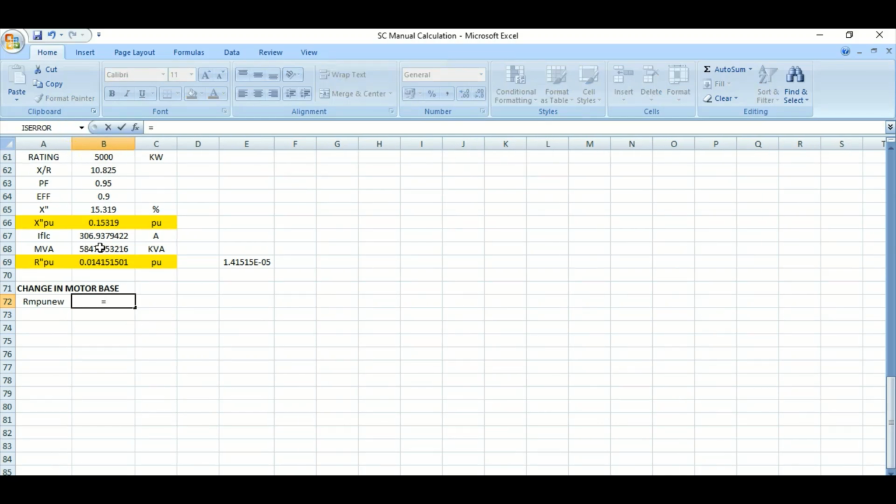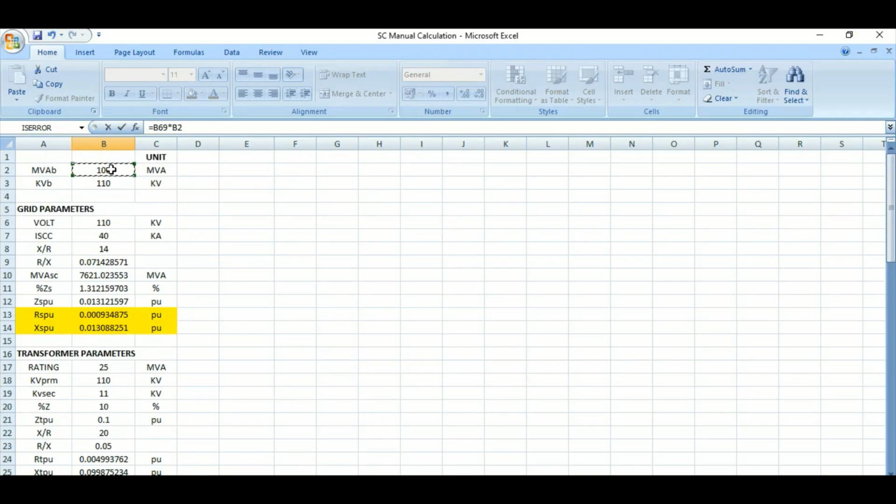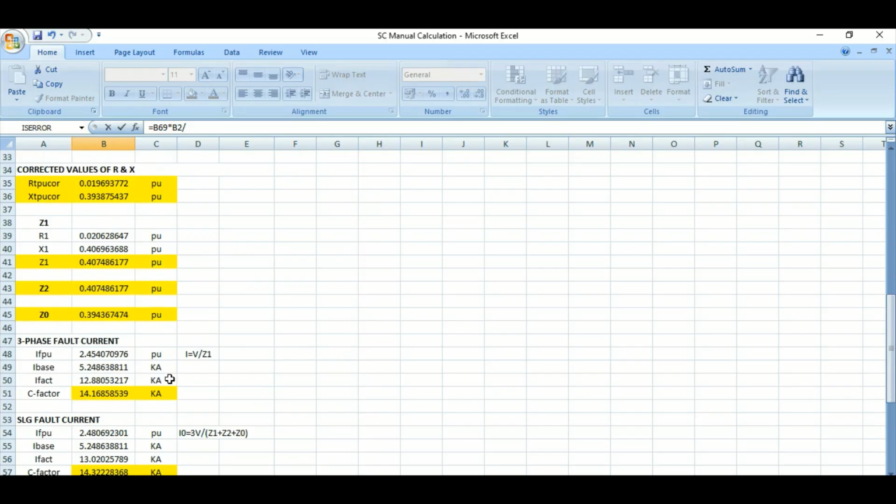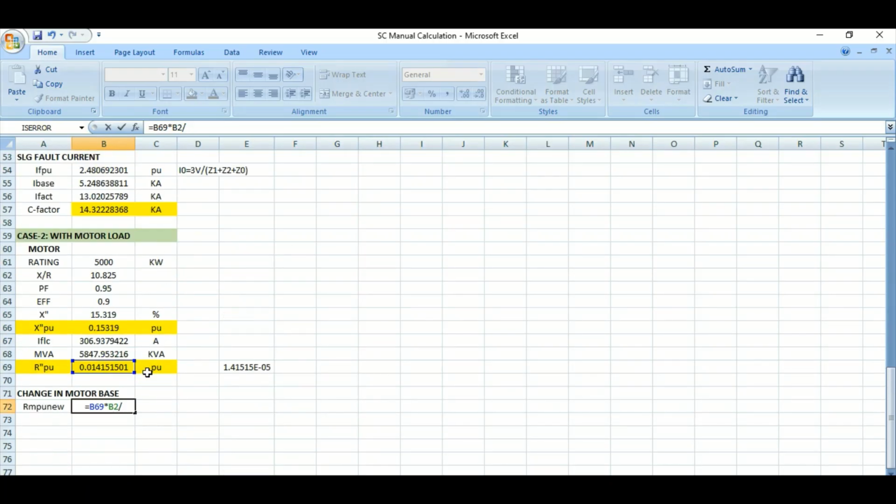That equals this R value into new MVA, which is 100 MVA, divided by motor MVA, which is this one, but this is in kVA. That means we need to multiply by 1000. So 0.2411, this value is in per unit.